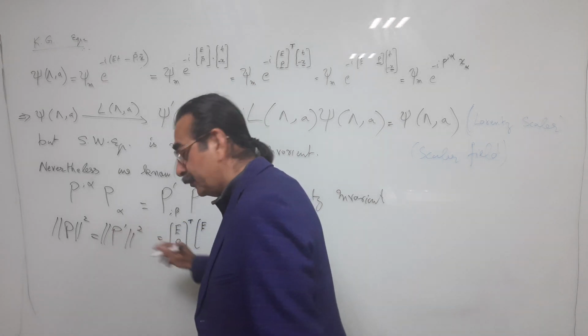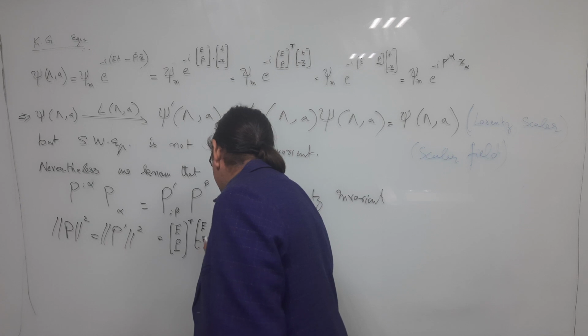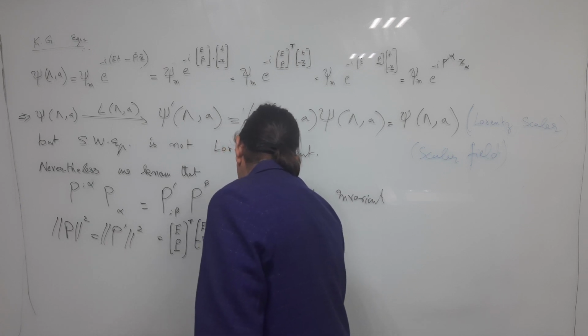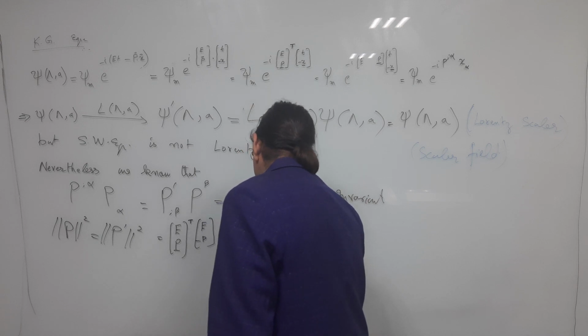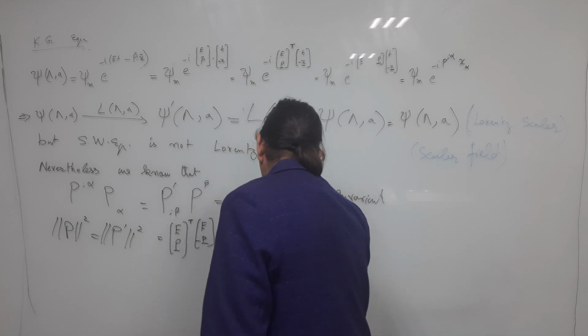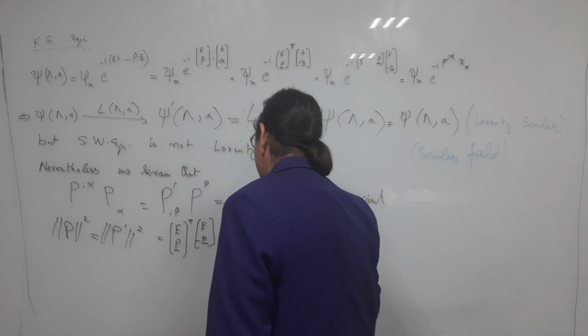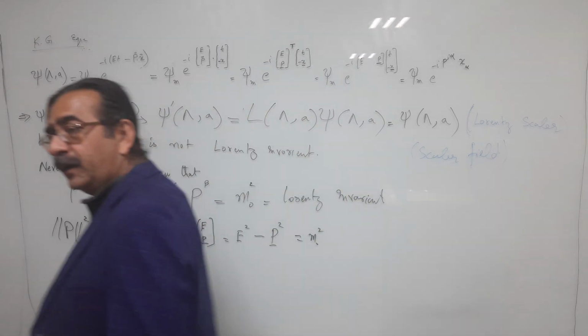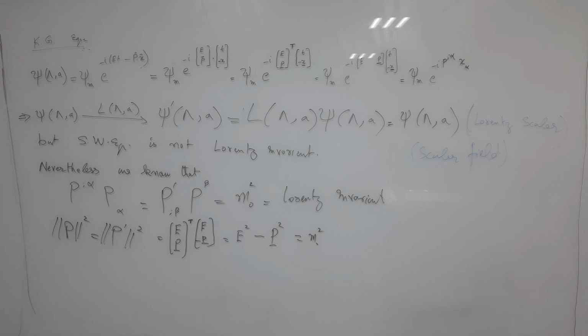The other is covariant, with a negative p. This will be E square minus P square, and that will be equal to M naught square. We have already proved that. Got it? Okay.